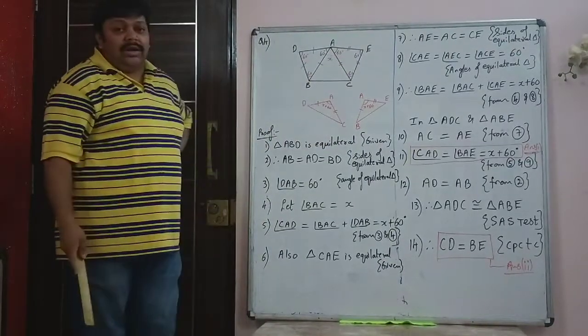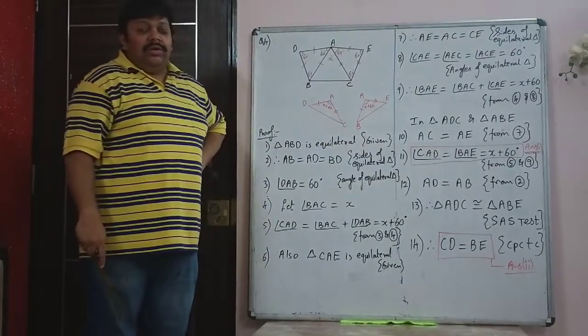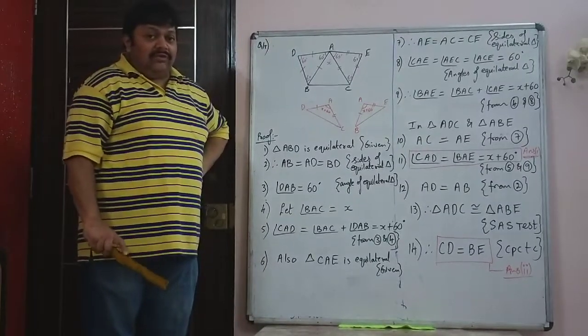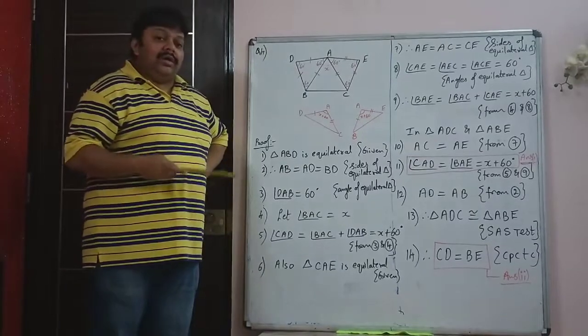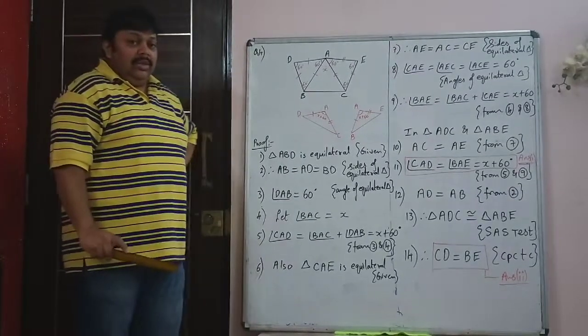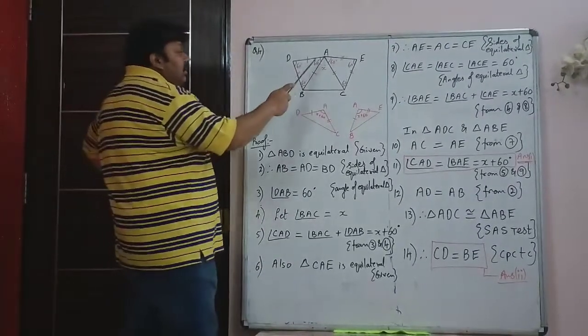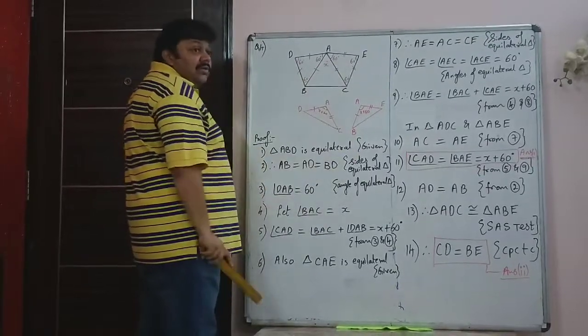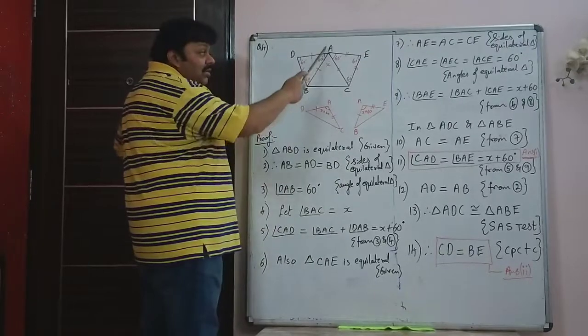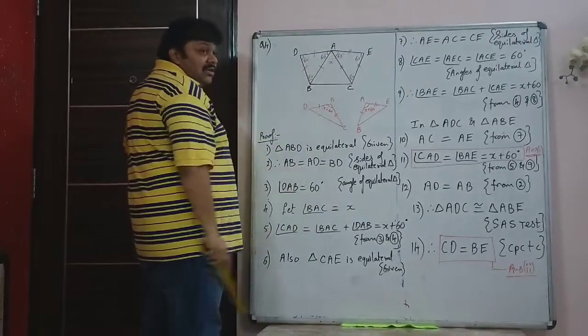So equilateral triangles, you know that all angles are 60 degrees each, and within an equilateral triangle all three sides are equal. But it doesn't mean that this triangle and this triangle have all 6 sides equal, because it was never given that AB is equal to AC.